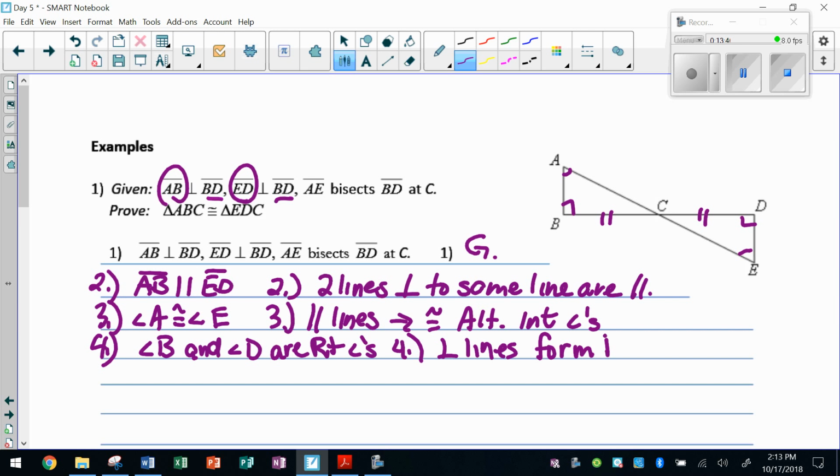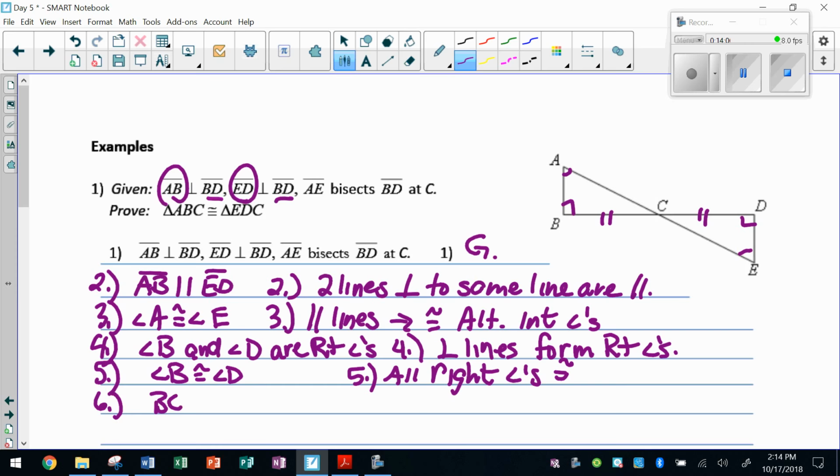Then I'll say they're congruent. So first you have to state that they're right angles because of the perpendicular lines. Then you have to say that they're congruent because all right angles are congruent. So angle B and D are congruent, and that is because all right angles are congruent. And then we got to get the side BC is congruent to, let's see, DC, and that is because of the segment bisector.